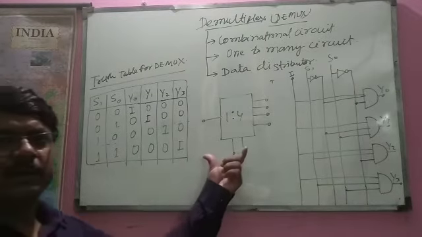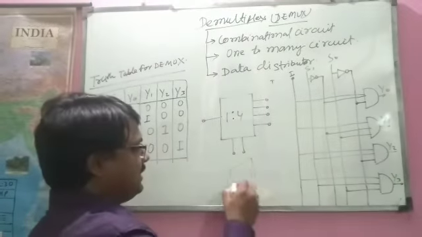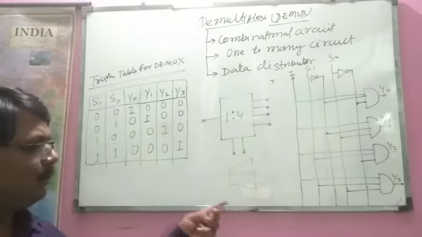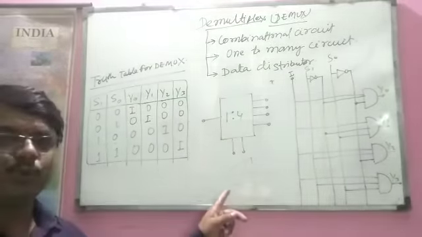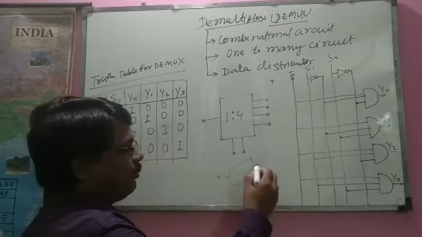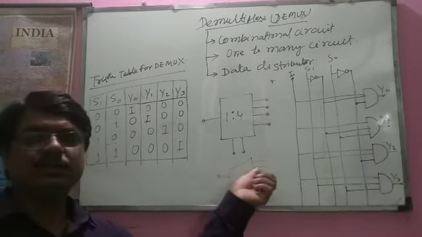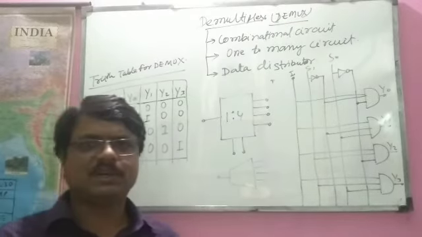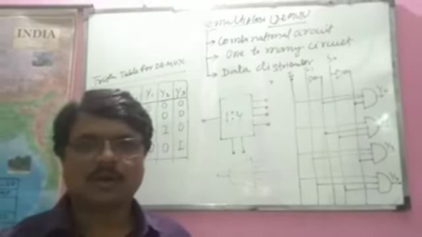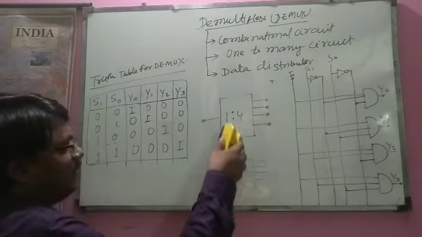So do not say that no sir, you have said it will be like this. No, both symbols are valid, but this symbol is more logical because there are fewer inputs and more outputs. So this will be narrower and this will be wider. That is why I generally use this symbol. It is your choice, you can choose any one of these.